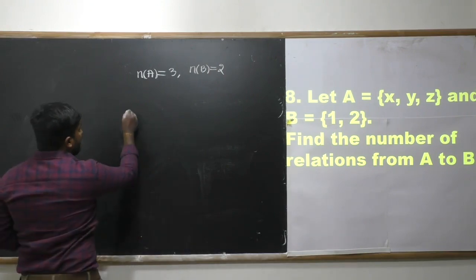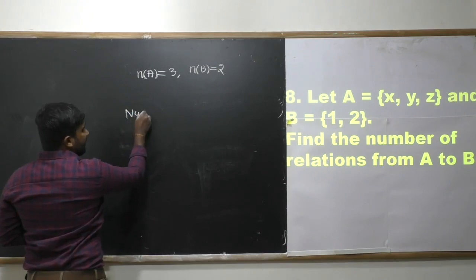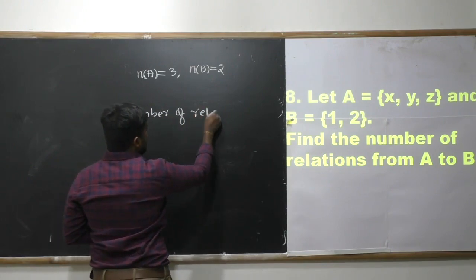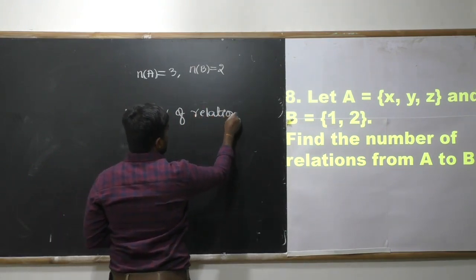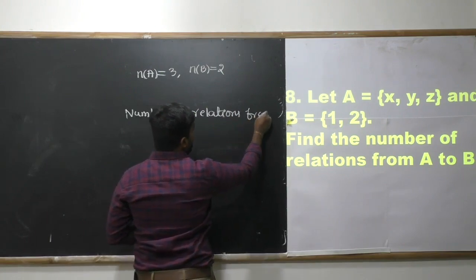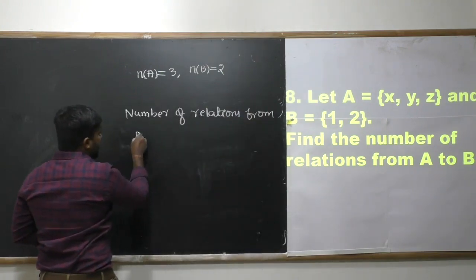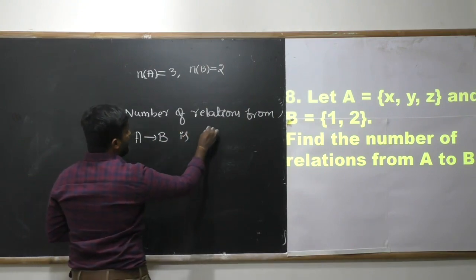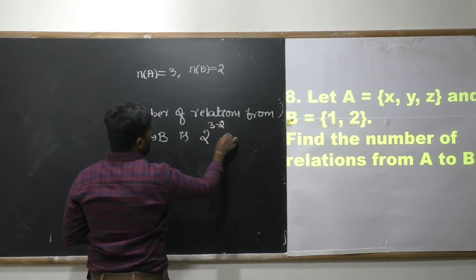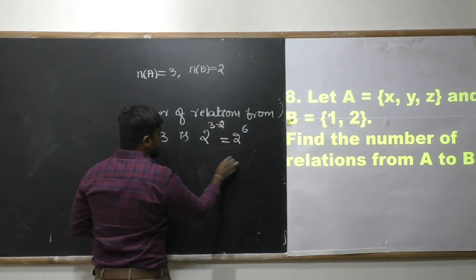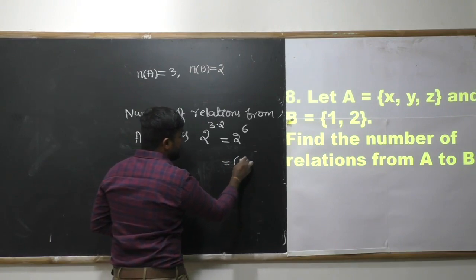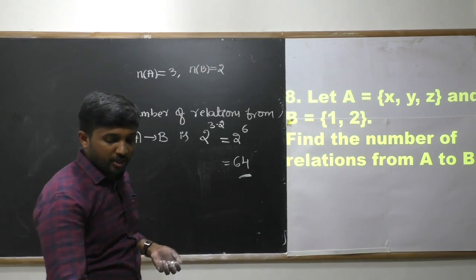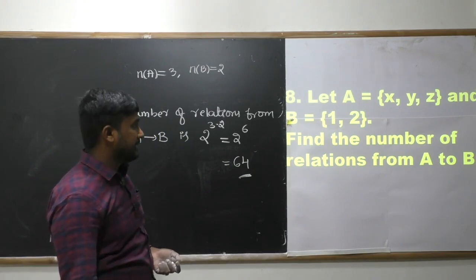Now, what is the number of relations from set A to set B? 2 to the power 3 into 2, that is 2 to the power 6. What is 2 to the power 6? 64. Okay, this is the number of relations from the given set A to set B.